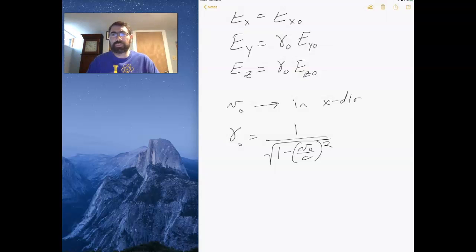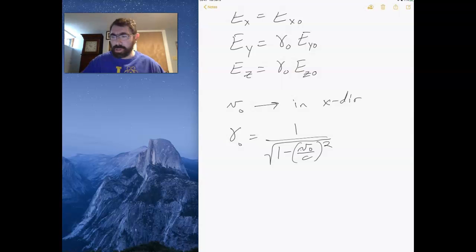Okay, now, the perpendicular components of the fields get modified, but the coordinates that are in the direction of motion get modified by special relativity, and the perpendicular coordinates do not.